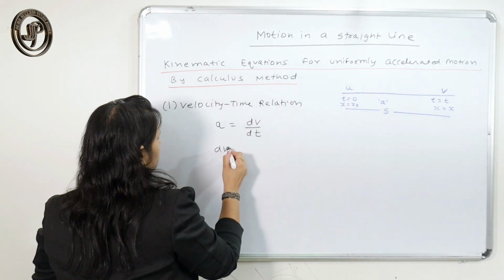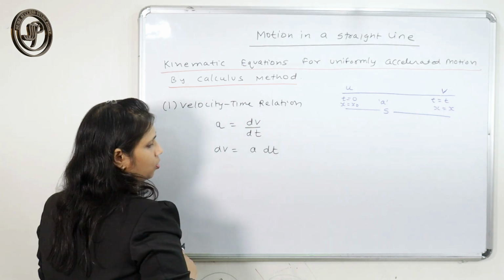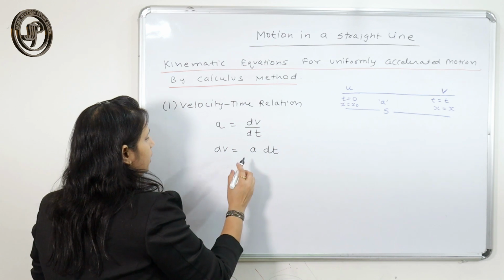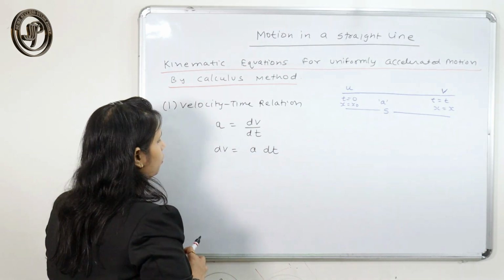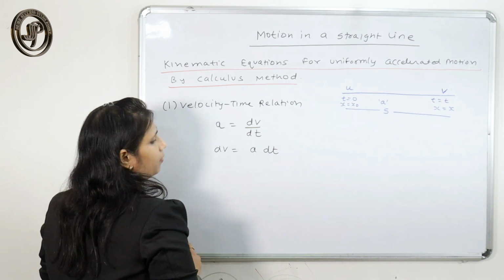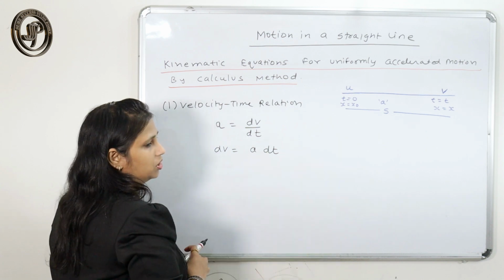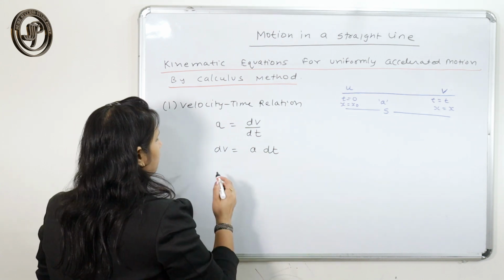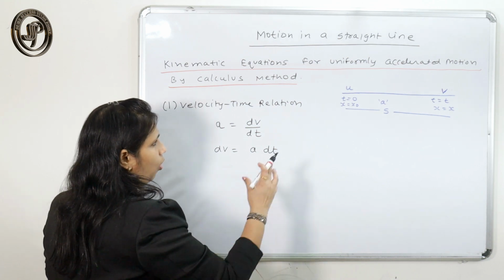If we cross multiply, we get a dt equals dv. a is constant. Now this dv is a small change in velocity. If we want to find the total change in velocity over time from t equals 0 to t equals t, then we have to integrate within the given condition of motion.